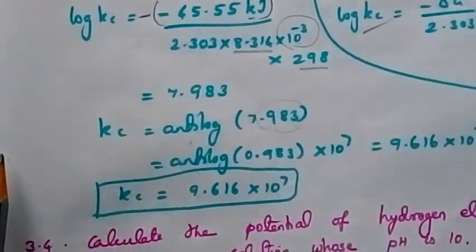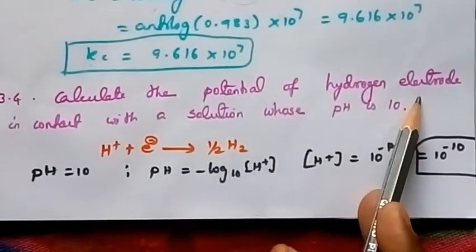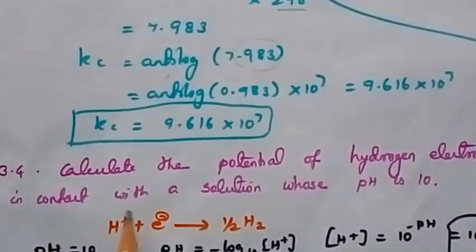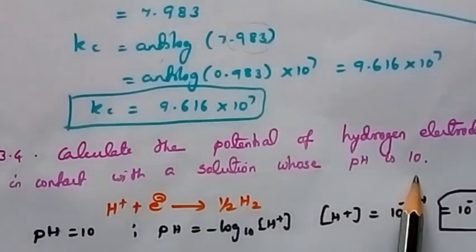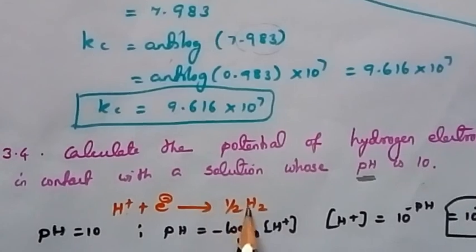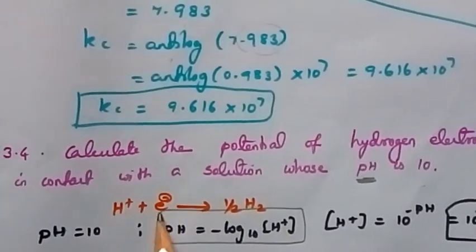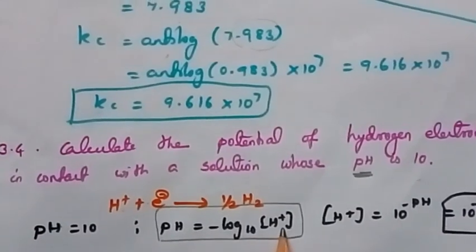And the next problem we are going to see is: calculate the potential of hydrogen electrode in contact with the solution where pH is equal to 10. pH is given instead of E naught. First write the equation here. The pH is equal to 10 means, what is the formula for pH? pH is equal to minus log to the base 10 of H plus.